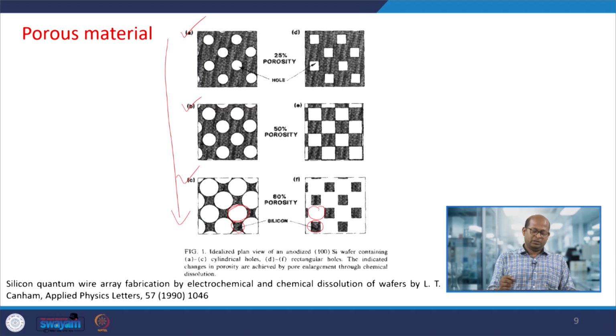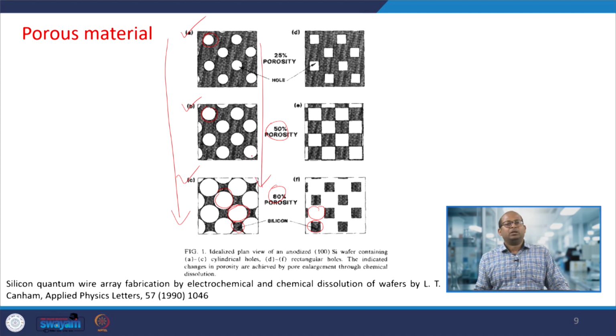Here porosity is very low, 25% porosity, here a little higher, 50% porosity, and then 80% porosity, as per the experimental data. So we can control the porosity depending on the materials we are using, the surfactants, the temperature at which we are heating, or the concentration of the materials.